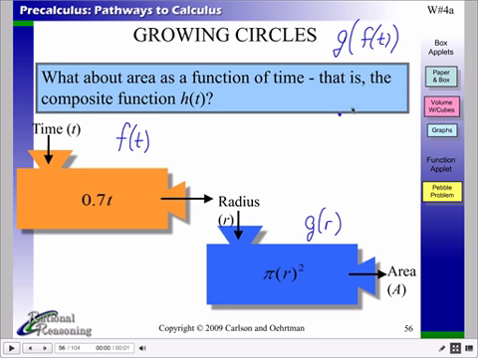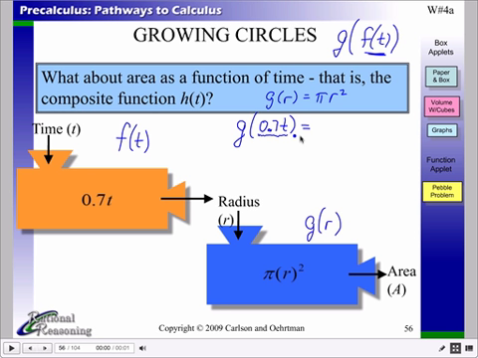Okay? So how can we do that? What is f of t? It's 0.7t, right? So we could take g of 0.7t. So make the input of g 0.7t, and remember what g of r says to do. The instructions for g say square the input and multiply by pi.